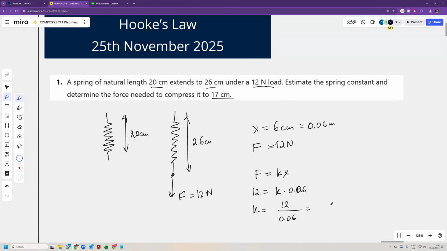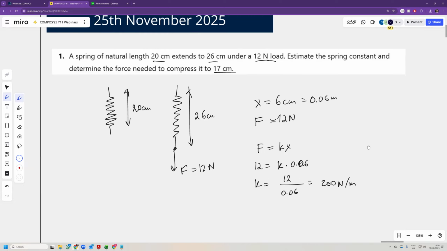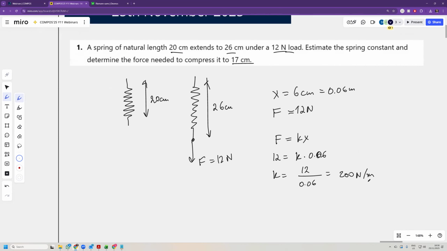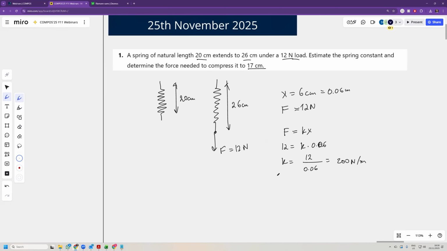At the end of the day, I'm not very good at mental arithmetic. 200, yes. 200 newtons per meter. You can also use newtons per centimeter, that's fine. So that spring constant means that to extend the spring by 1 meter, you need 200 newtons. That's what the spring constant means.